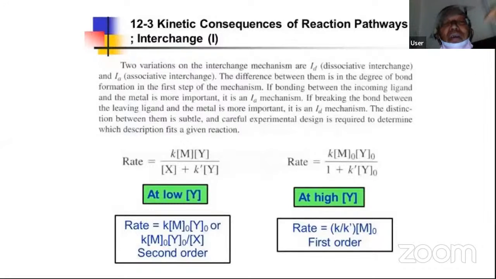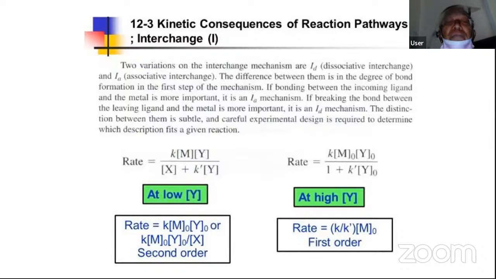The concentration is low. When it's low, then you will find this and this can cancel. When it is low, the rate will depend on the initial concentration.